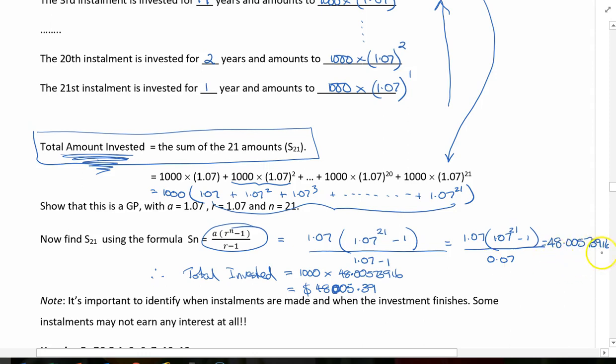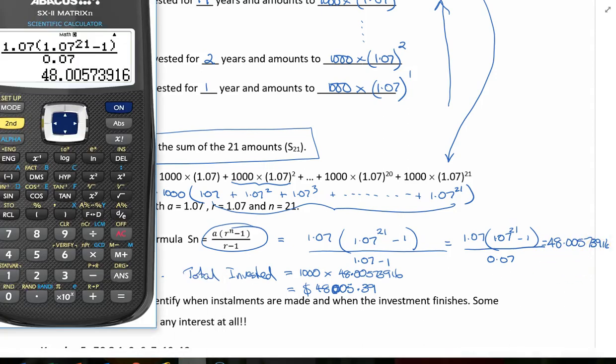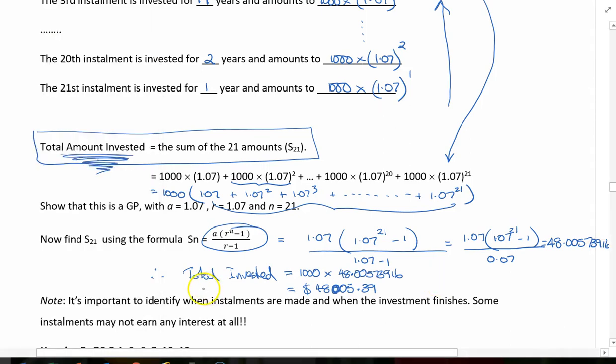So you can see I've written out all the decimal places. Then the total that would be invested is the 1,000 times the sum, and 1,000 times that, move your decimal point 3 places, $48,005.39. Now, that would be a reasonable answer.